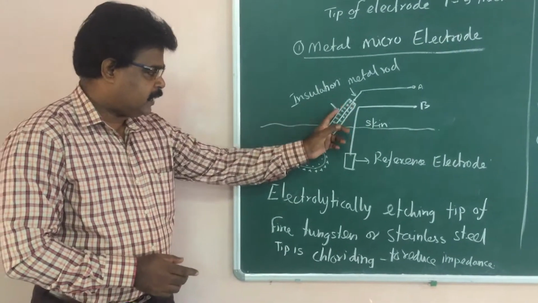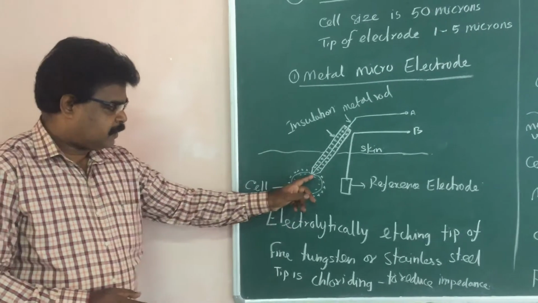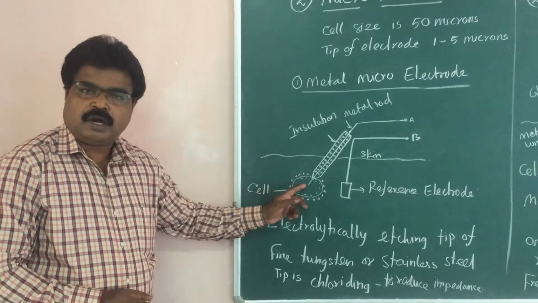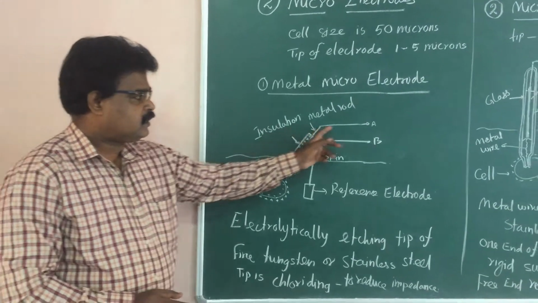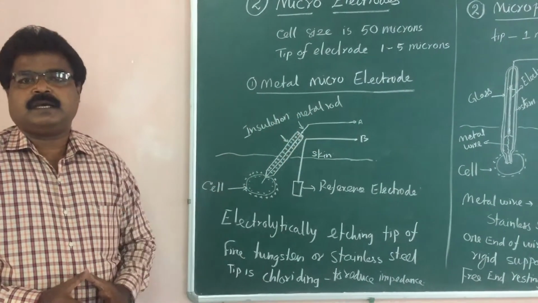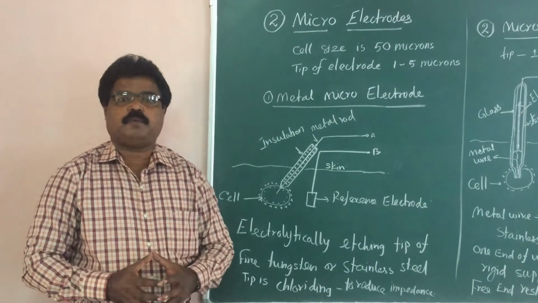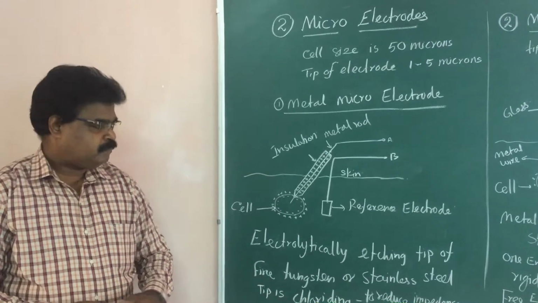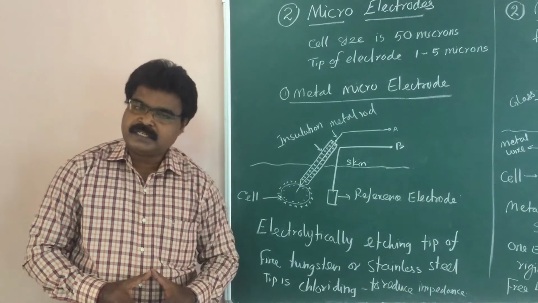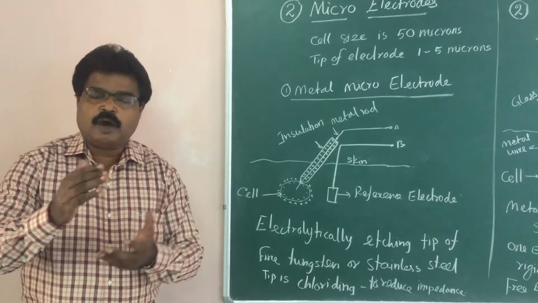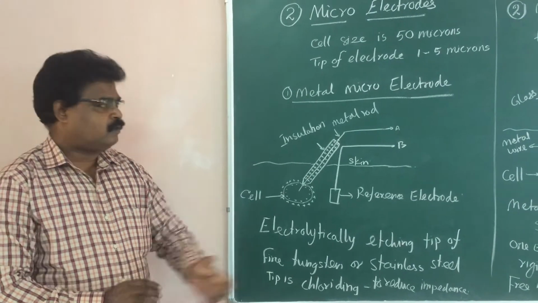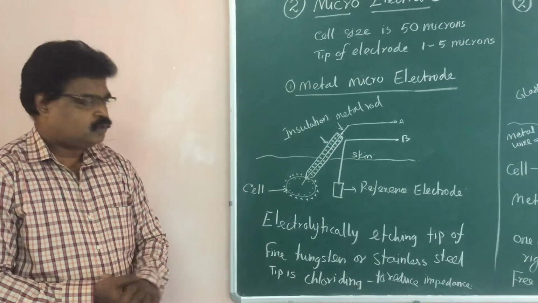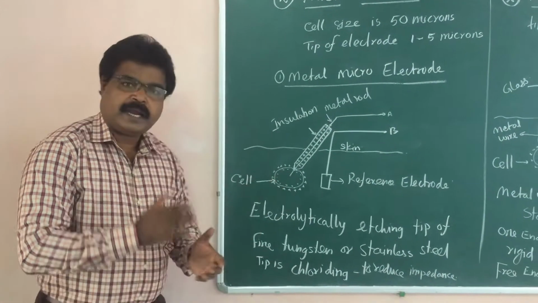It is insulated by an insulator, and the tip must be 1 to 5 micron to insert into the cell without damaging it. It is connected to point A, because you have to measure the difference in potential. It will give one potential, and another one is a reference electrode placed outside the cell, which acts as the other terminal. So we will get the difference in potential.